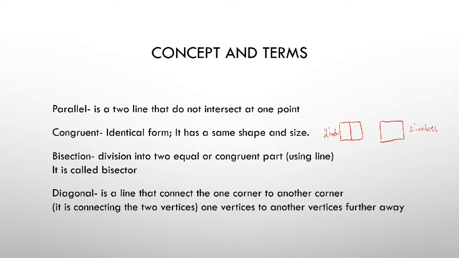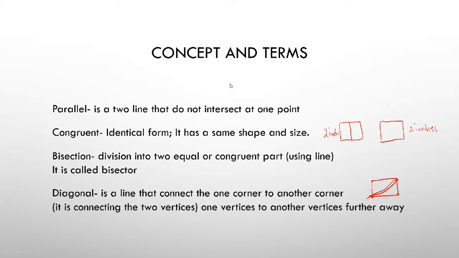But the diagonal is like this. This is the vertex, our corner, the vertices. Then we connect the two vertices using a straight line. That is what we call the diagonal. We are connecting the two vertices.